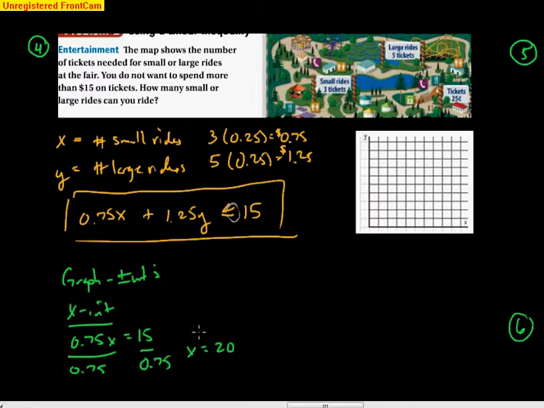And that's your x-intercept. That's going to go on the x-axis. The y-intercept, we're going to find very similarly by ignoring the x. So we do 1.25y equals 15. Divide by 1.25. Divide 15 by 1.25, and we get 12. y is 12.